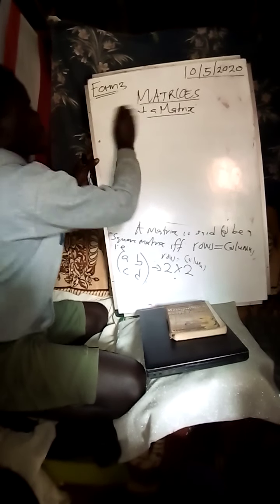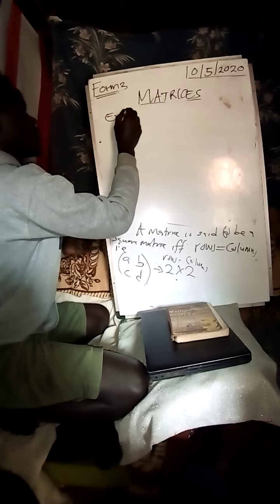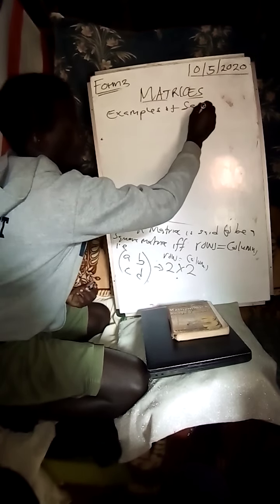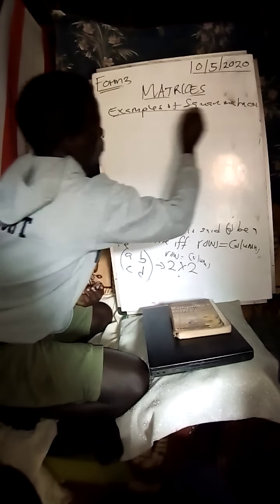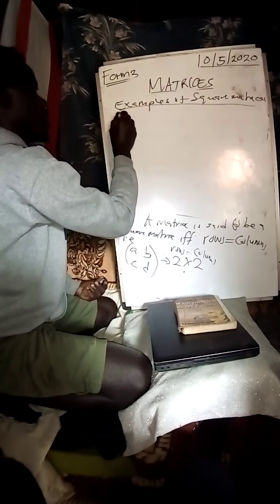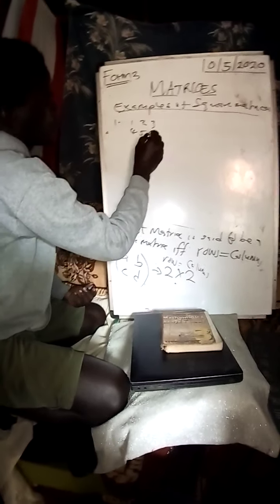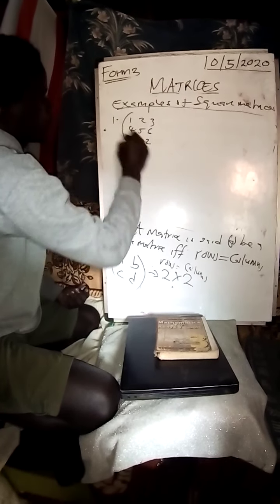More examples of square matrices. We have 1, 2, 3, 4, 5, 6, 9, 7, 2.